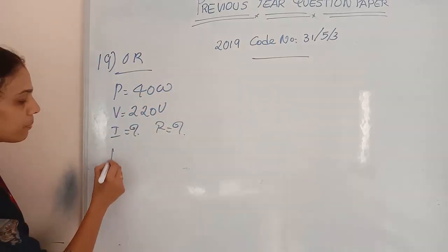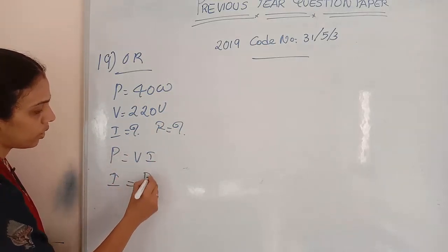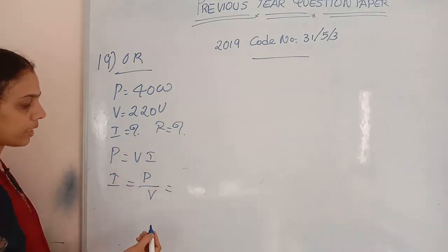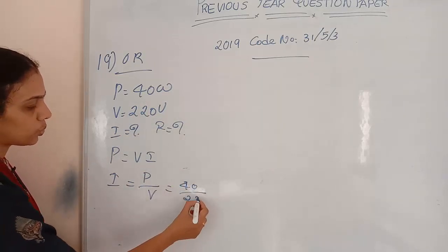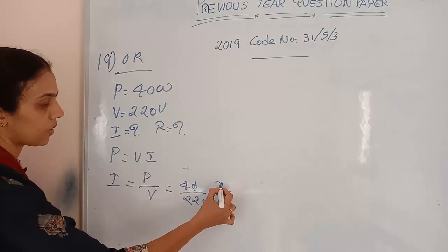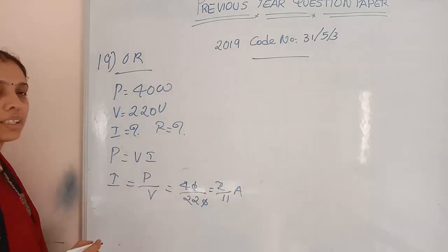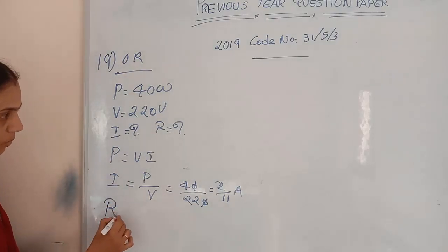Okay, so we know that P equals VI is the formula. So I will be equal to P by V. P is 40 divided by 220, so 2 by 11. This will be the current in amps. Now we should find the resistance. How can we find the resistance?